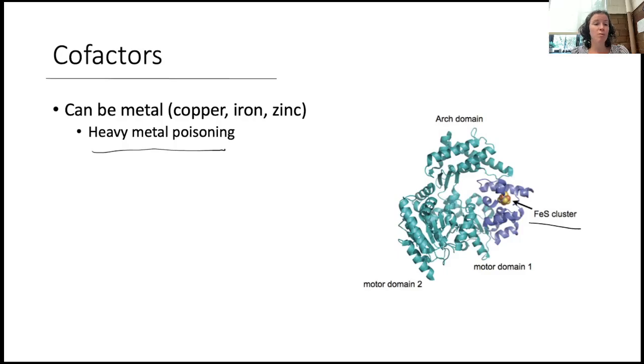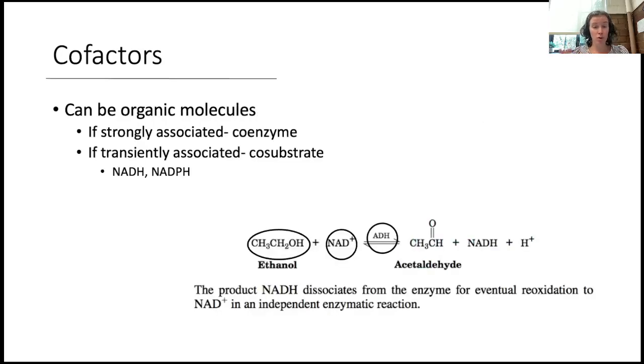But cofactors can be more than metal. They could just be organic molecules, small organic molecules or larger organic molecules. And there's some more vocabulary associated with these types of cofactors that we won't worry about, but it's here on the page for you. If that cofactor is really tightly bound to that enzyme, sometimes we call it a coenzyme because it's really a part of that enzyme.